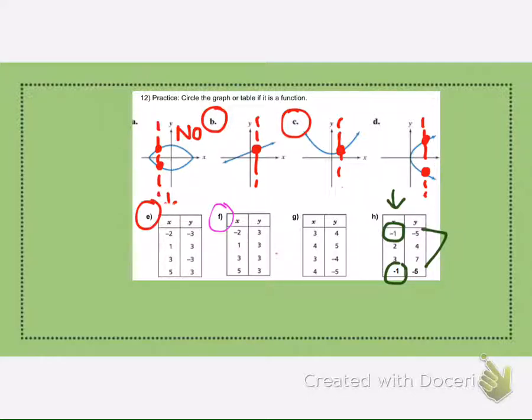So for example, if I were to draw a picture of this, and we go to -1, -5, when x is -1 here, it only has that 1 point at -5. So even though the x's repeat, every x, for example -1, has only one y. So h is also a function.